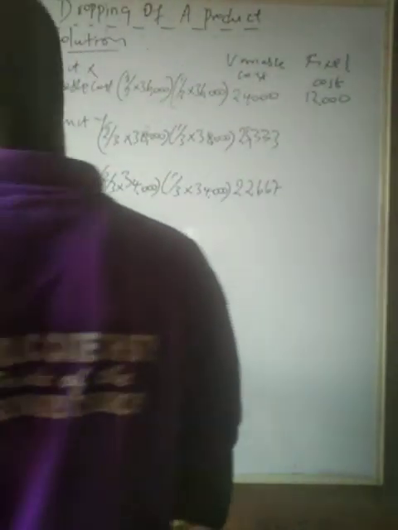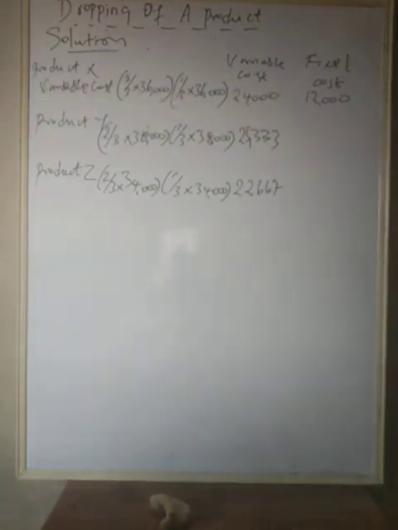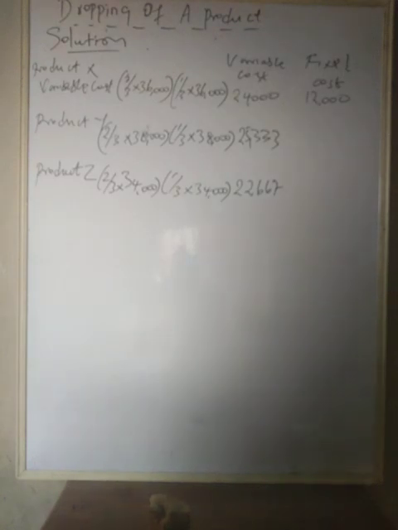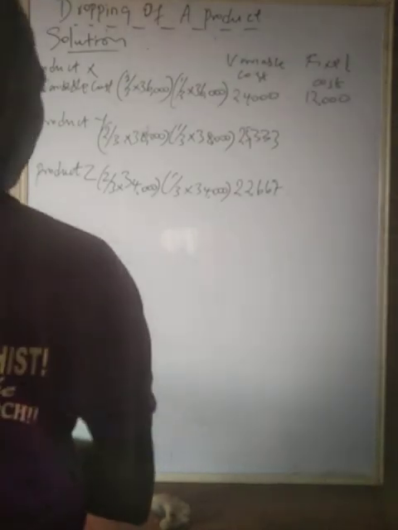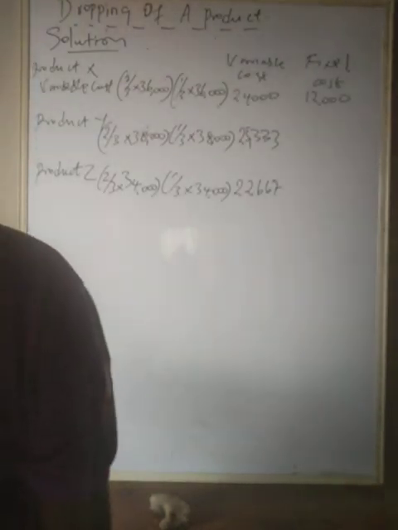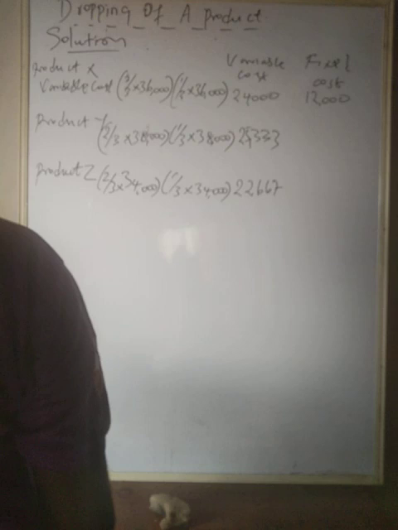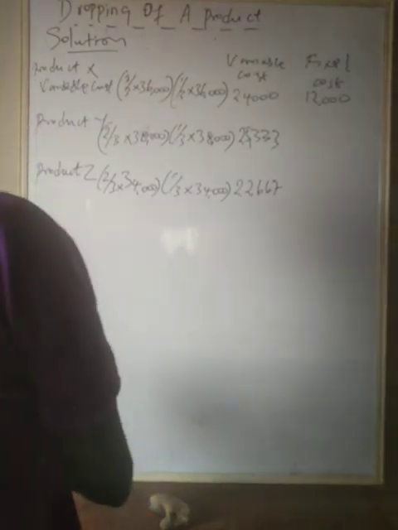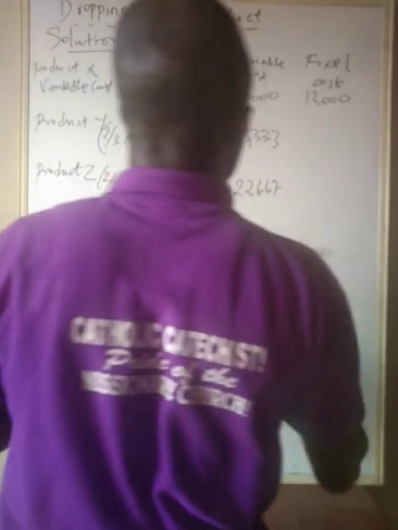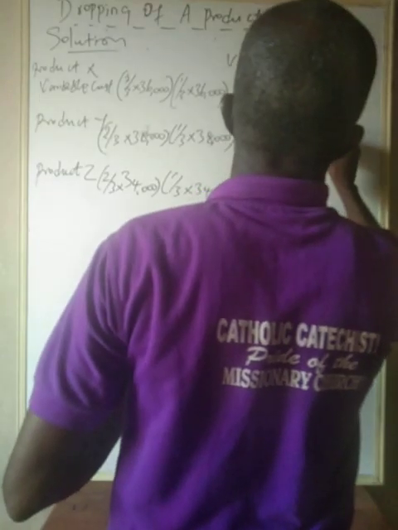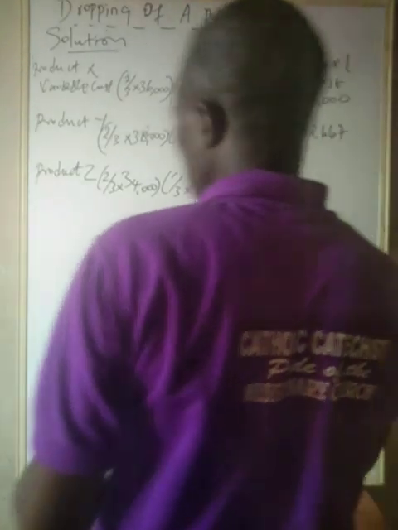And for the fixed, they're going to have 38,000 minus 25,333, and that is the fixed element, 12,667.